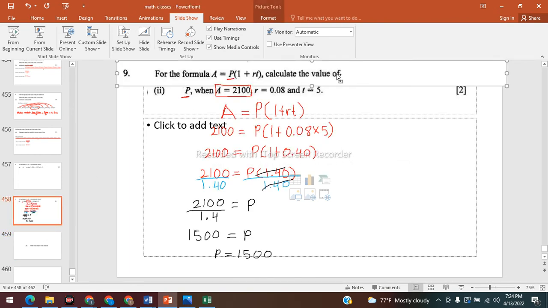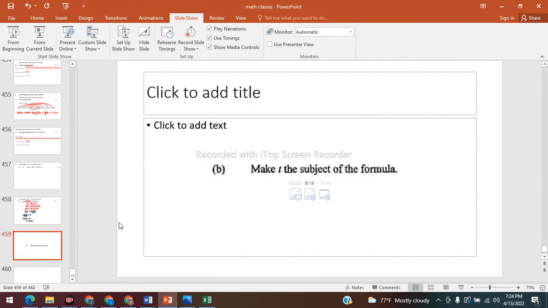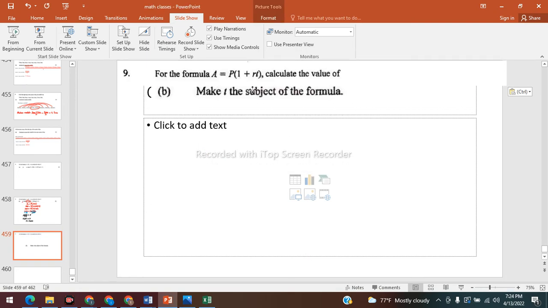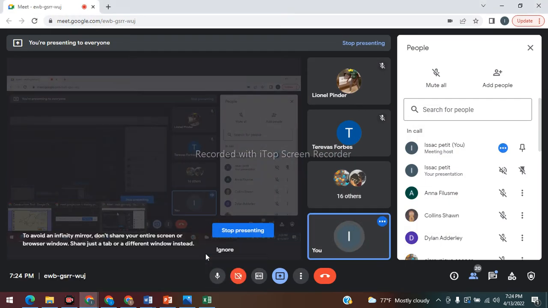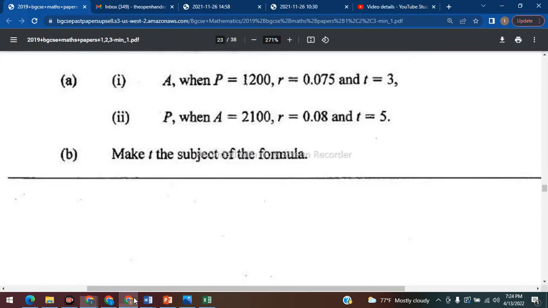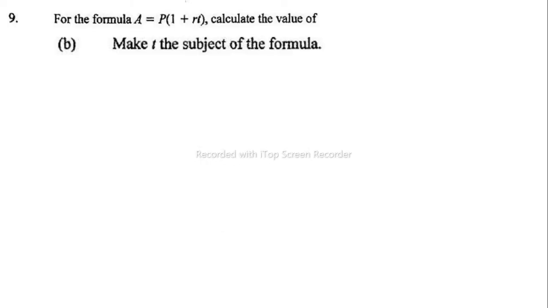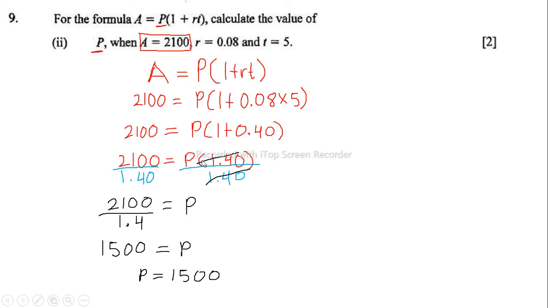All right, so all the smarty pants people, 3 minutes. 12? That's a lot of time. It's too much time if you ask me. You know what? 2 minutes. Or, let me give you a grace. 3 minutes. Make T the subject of the formula. Should I go back to the previous one? You have this?